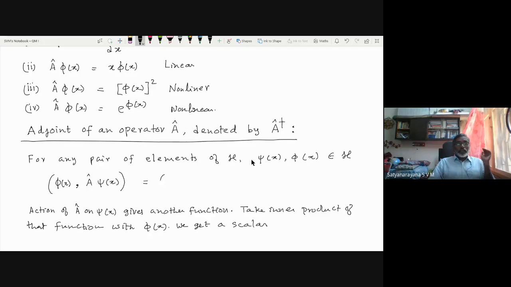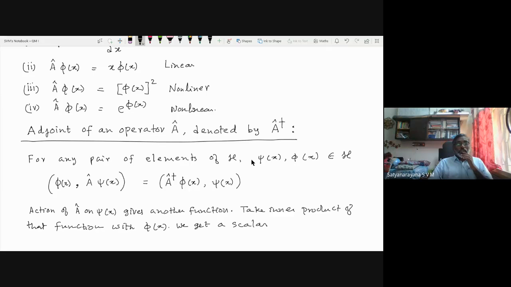So what is that operator? That is called the adjoint operator. So if A dagger acts on phi of x and we take the inner product with psi of x, that is what you have. So this is the definition of the adjoint.